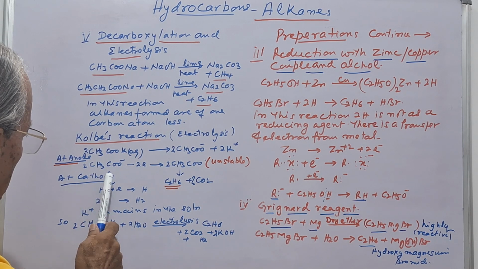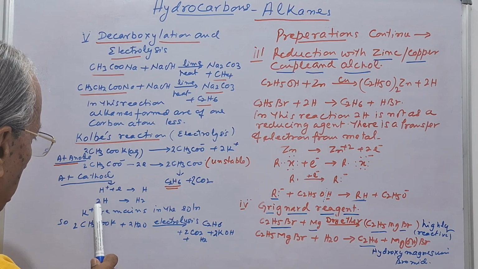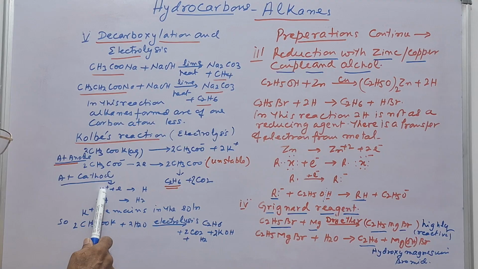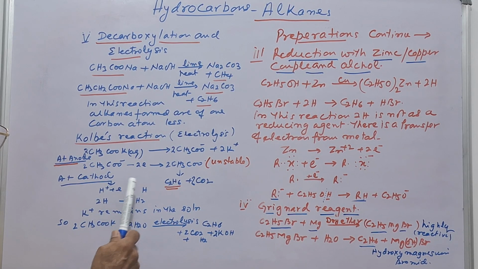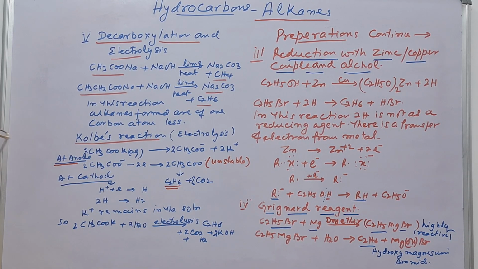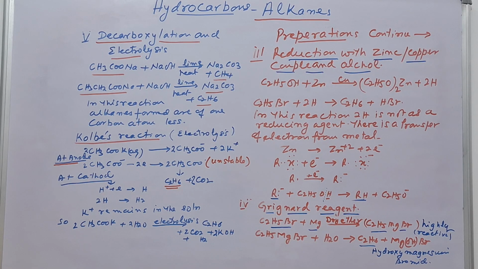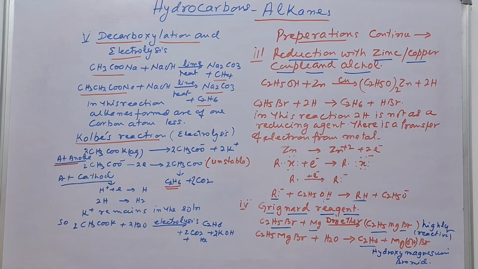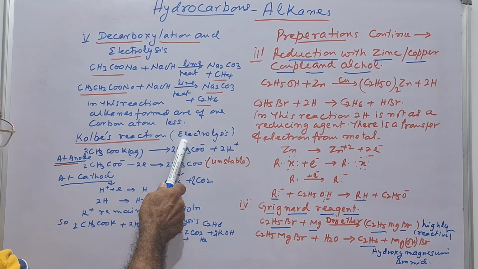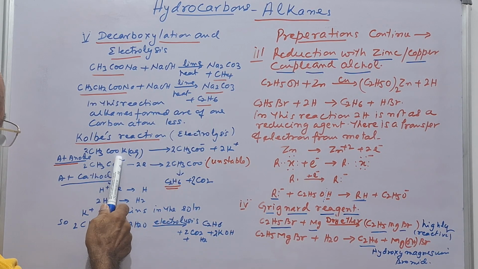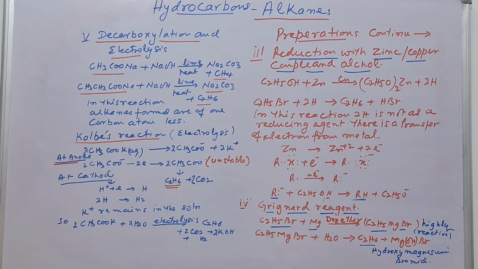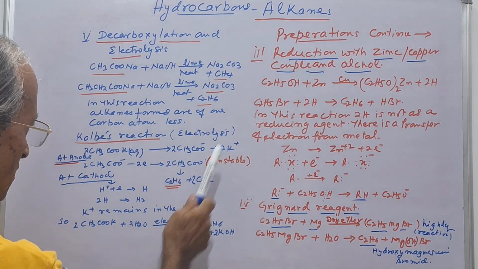Now at the cathode, hydrogen and the potassium ions are there. At the cathode, hydrogen ions take electrons and form hydrogen, which is liberated at the cathode, while the potassium ions remain in the solution. Again listen, in the Kolbe reaction, an aqueous sodium salt undergoes the electrolysis process. We take here potassium acetate, it breaks into acetate and potassium ions.